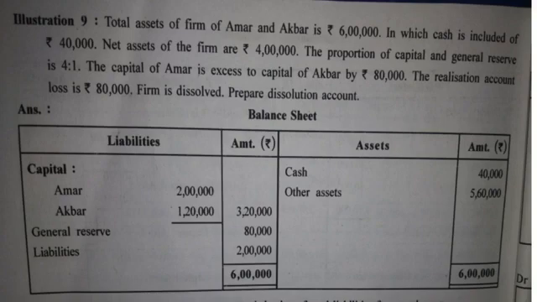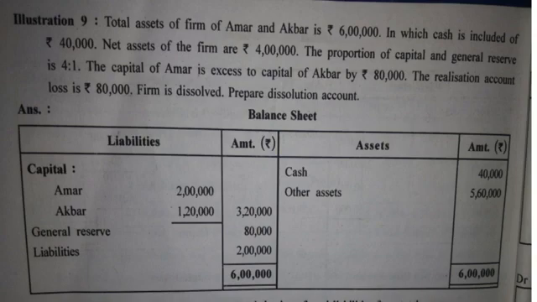Okay, so you are provided with illustration 9 on your screen. It says the total assets of the firm of Amar and Akbar are 6 lakh, in which cash is included of rupees 40,000. Net assets of the firm are rupees 4 lakh.